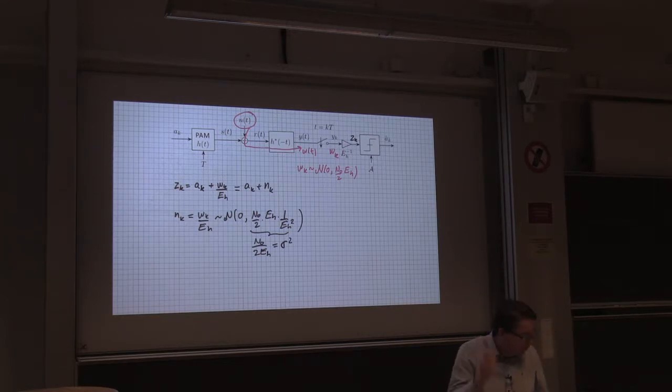So let's do this for an example when we use pulse amplitude modulation, and just see how we can actually calculate the error probability here.